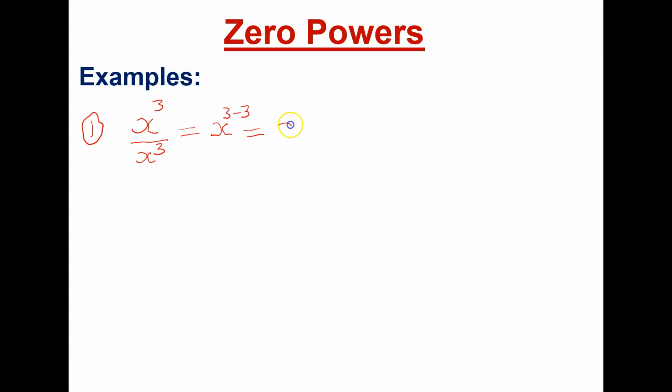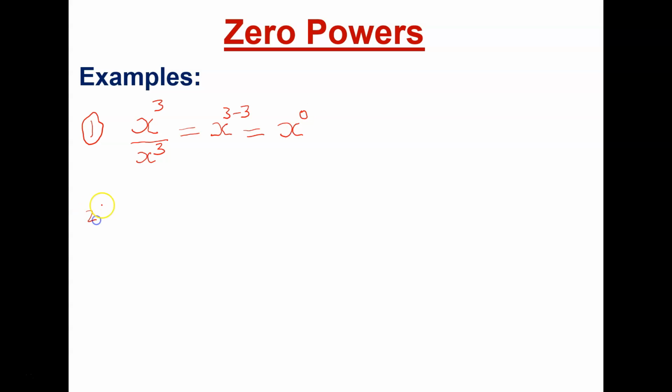Let us start first with zero powers and see what we mean. If I take, for example, x power of 3 divided by x power of 3, as we have seen before, when you get a division, you need to take away the two powers. The last lesson was dealing with this. And that gives you x power of 0.